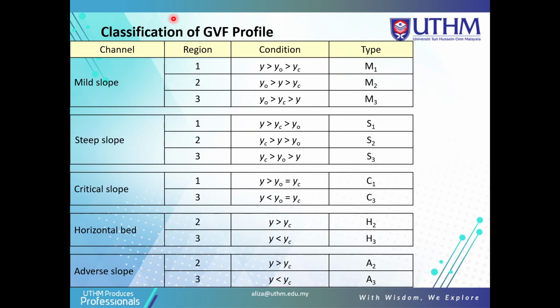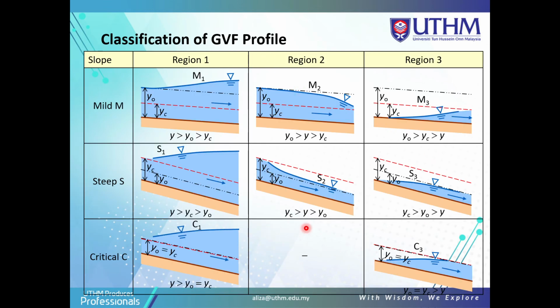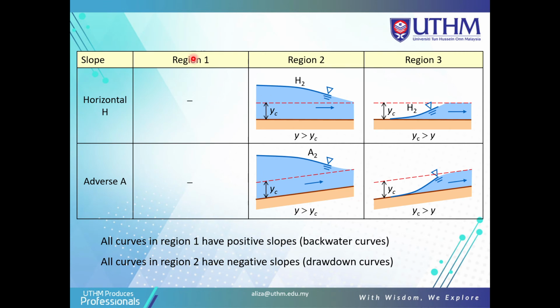Okay, this is the classification of GVF profile, and this is the real profile for the GVF, gradually varied flow. They have the region 1, region 2, and region 3. So they have mild at the region 1, mild at the region 2, and mild at the region 3, and steep at region 1, region 2, and region 3, and so on, critical. Okay, and also the horizontal H and adverse A here.